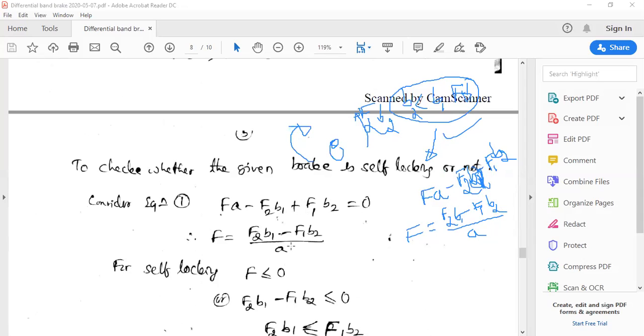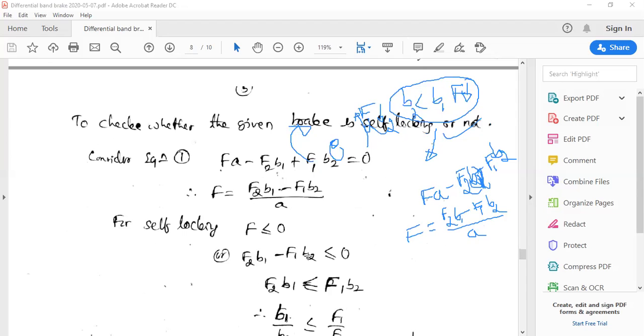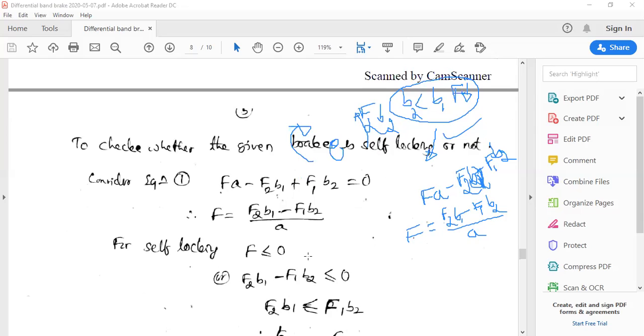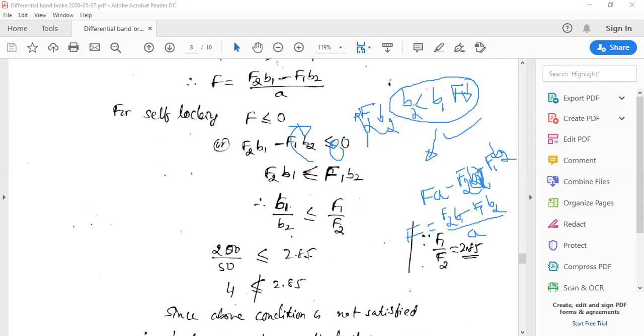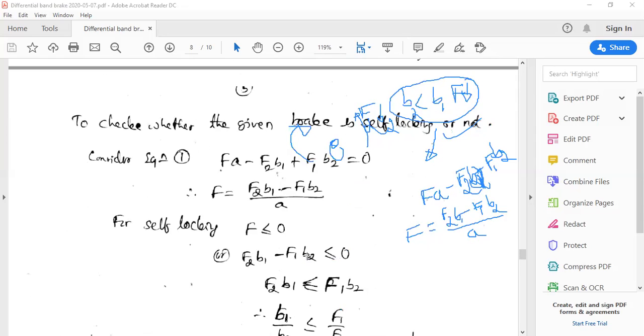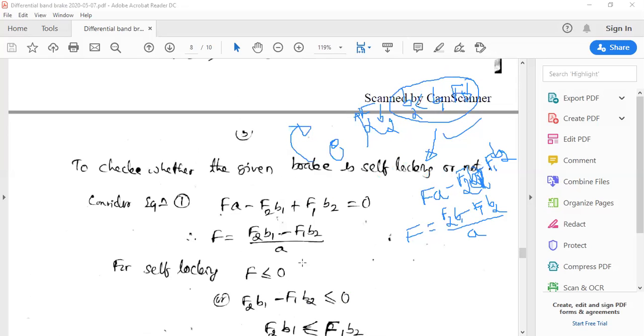Therefore F is equal to F2b1 minus F1b2 divided by a. So this is the equation that we have derived. By using this equation, we can calculate the value of F. To calculate the value of F, substitute all the values of F1, F2 as well as b1 and b2, so that you will be getting the value of F here.